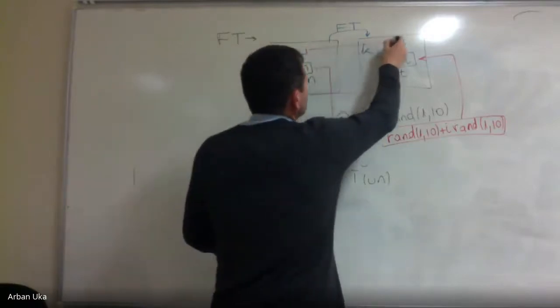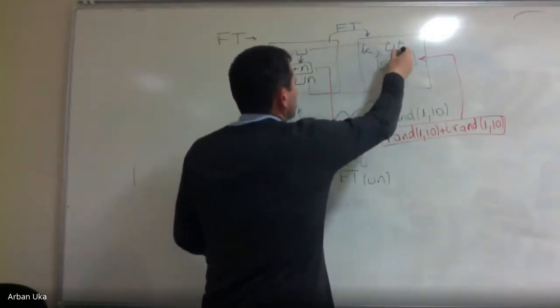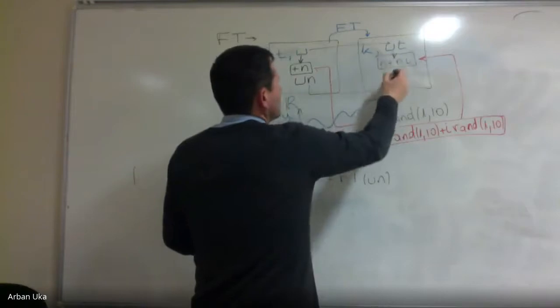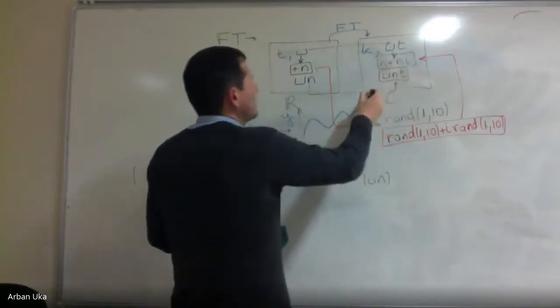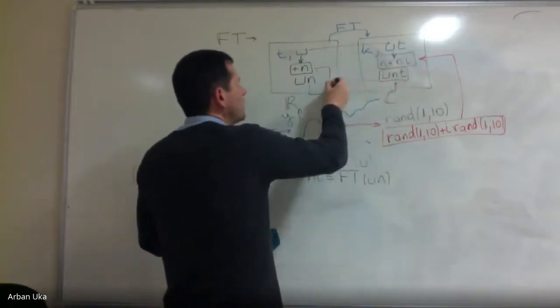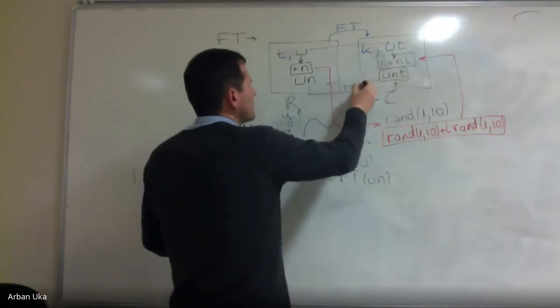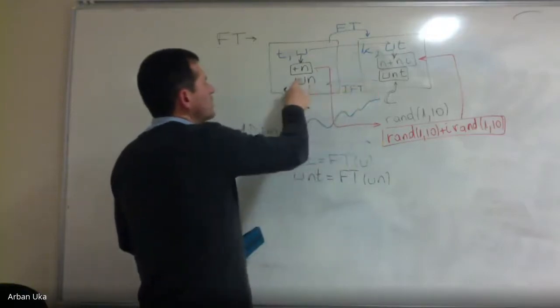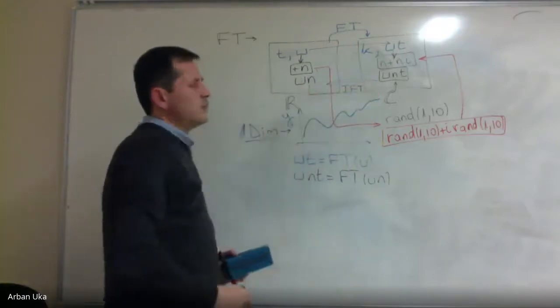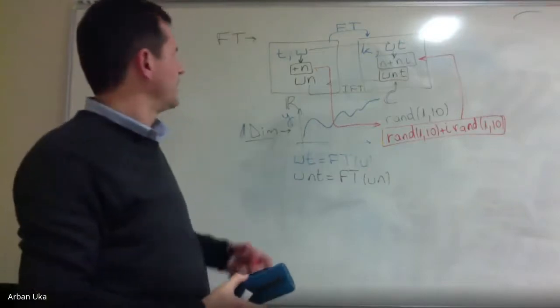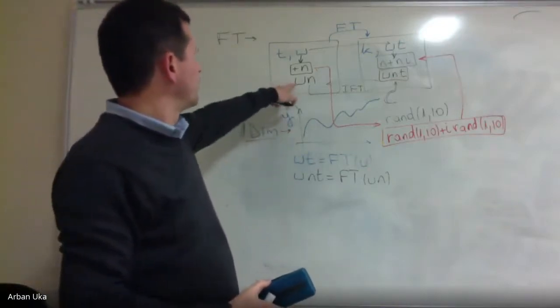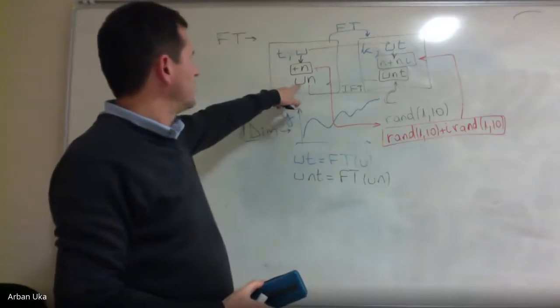We can go to ut. We can add noise here, and then we get UNT. From UNT, we can come backwards with the inverse Fourier transform, and then in this domain we can remove the noise. So we can remove the noise in this domain.